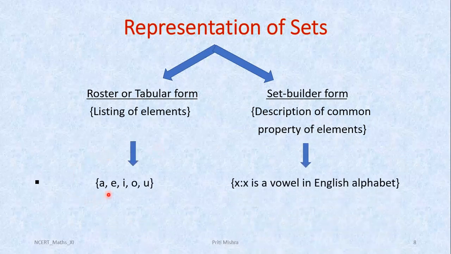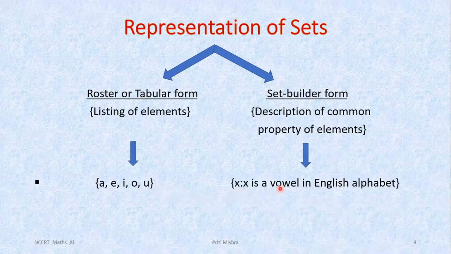The first example I have taken is the vowels of the English alphabet. We know that we have 5 vowels in the English alphabet: A, E, I, O, U. Here I have written all those letters as they are within curly braces with commas. And if you have to write this set in set builder form, how will you write it?